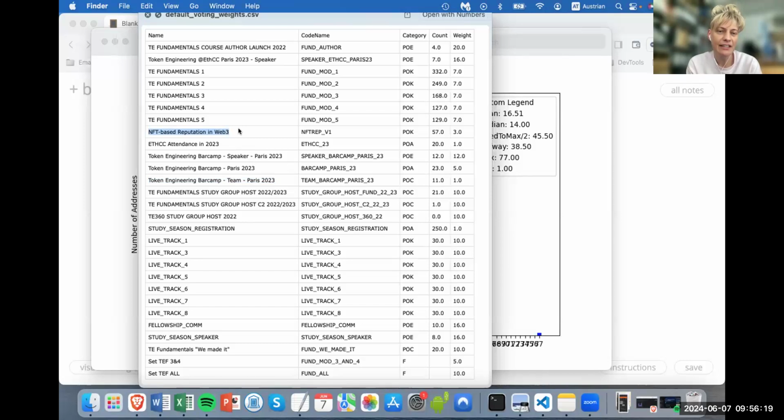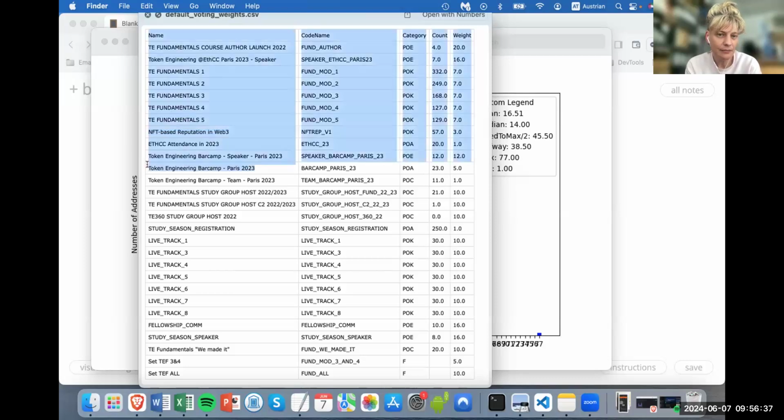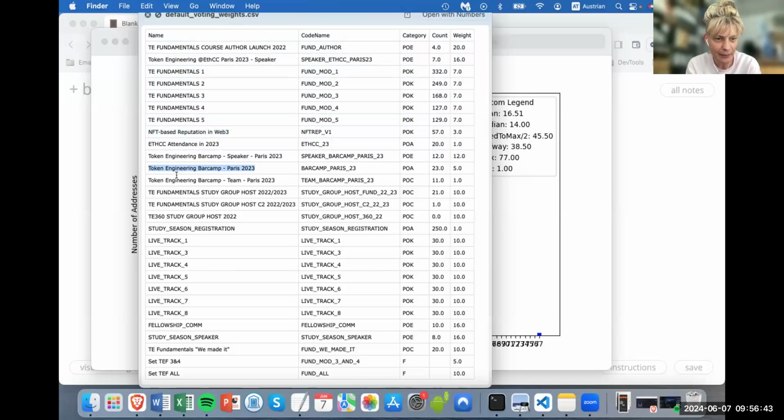That's why I decided to give it a lower weight, because if it's easy to game, it might also be an attack vector and a vulnerability for the voting. Okay. Then we have the other middle range, TE fundamentals. This is certainly harder to acquire, and that's why it has a higher number.